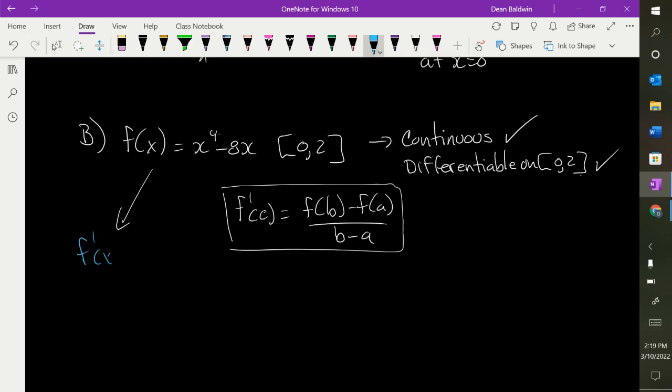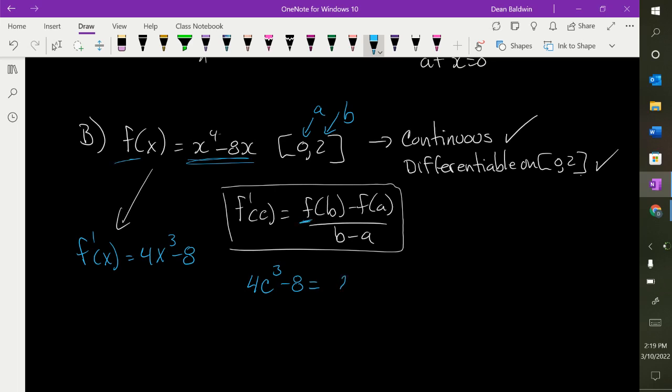So f prime is 4x cubed minus 8. I'm trying to figure out f prime of c, so I just put c in for x. So I get 4c cubed minus 8 is equal to f of b minus f of a. Those are your endpoints. For f of b, put 2 into the function, because it's f, not f prime.